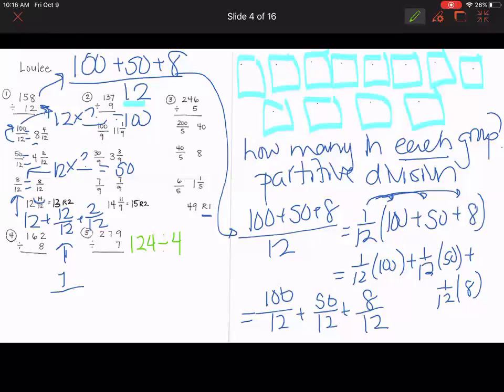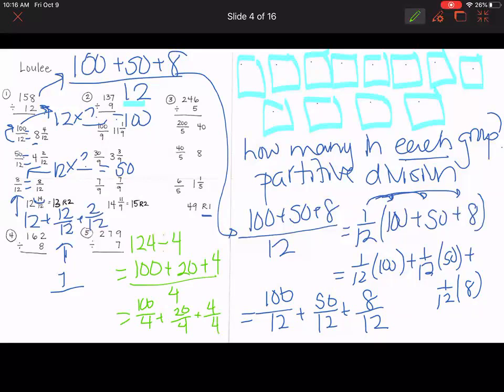Now we can think of this as 100 plus 20 plus 4, all divided by 4. And you can think of divided by 4 as the same as taking a fourth of, right? Now I can see why I would do 100 divided by 4 plus 20 divided by 4 plus 4 divided by 4.